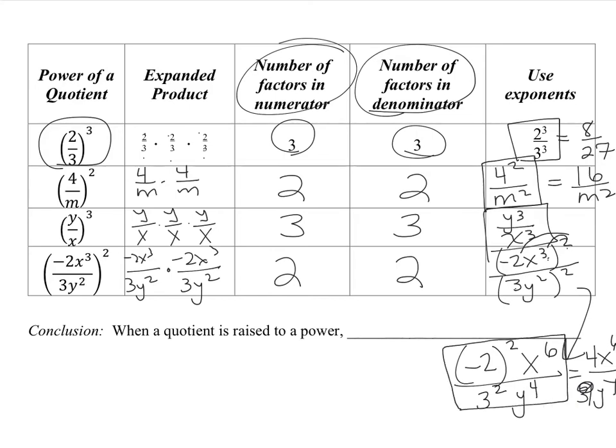Now this is what I want us to look at. So now my conclusion. When a quotient is raised to a power, what do we do? Well, we apply the exponent to all of the factors in the numerator and the denominator. So let's write that. Apply, which lots of people like to say you distribute. It's not the distributive property.